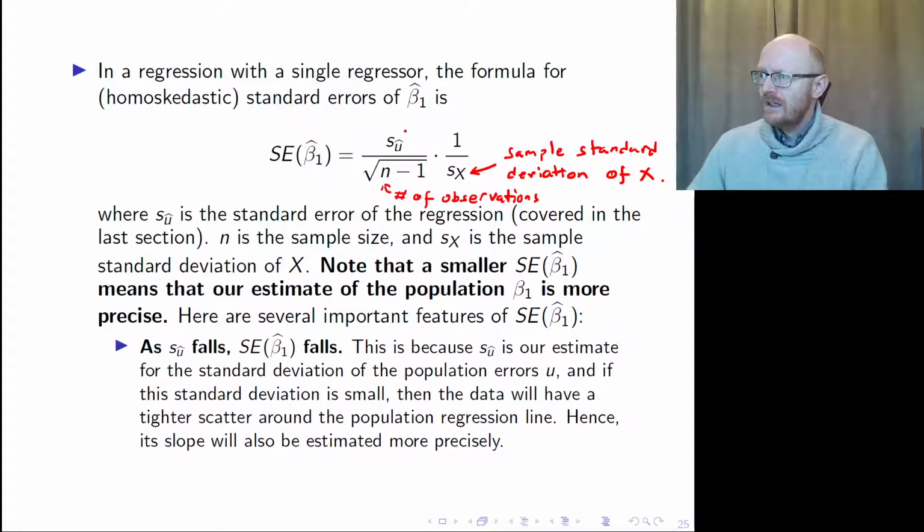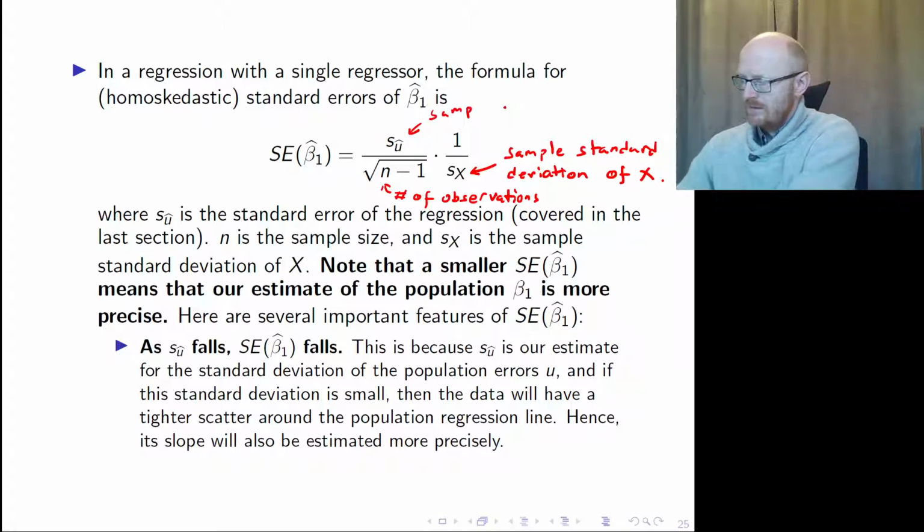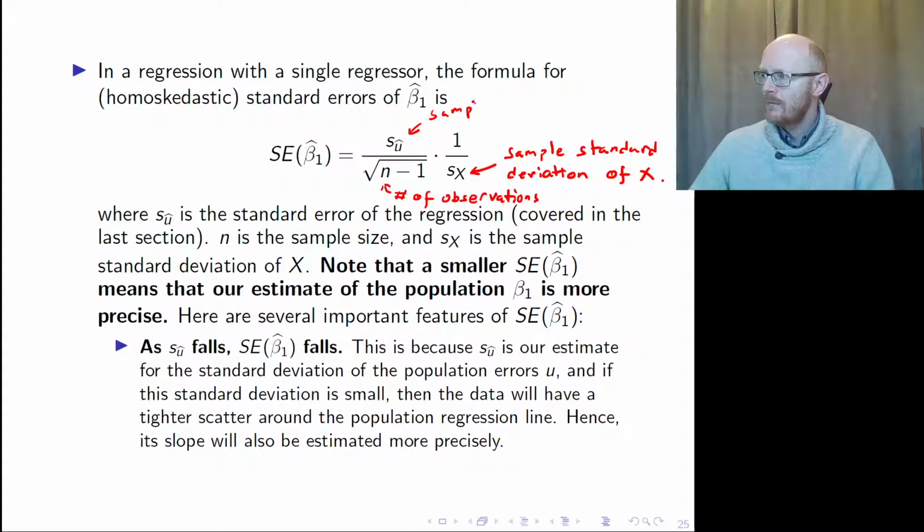The most tricky one is this one. What is that? It's the standard error of the regression, which sounds quite advanced, but it's really not, because this is just the sample standard deviation of the residuals.